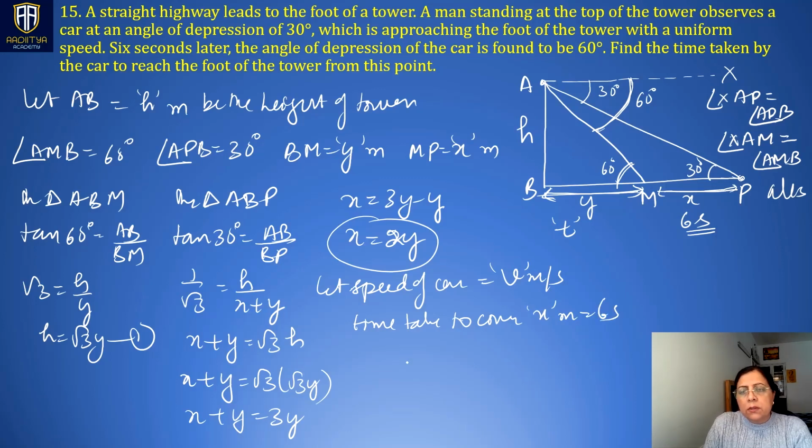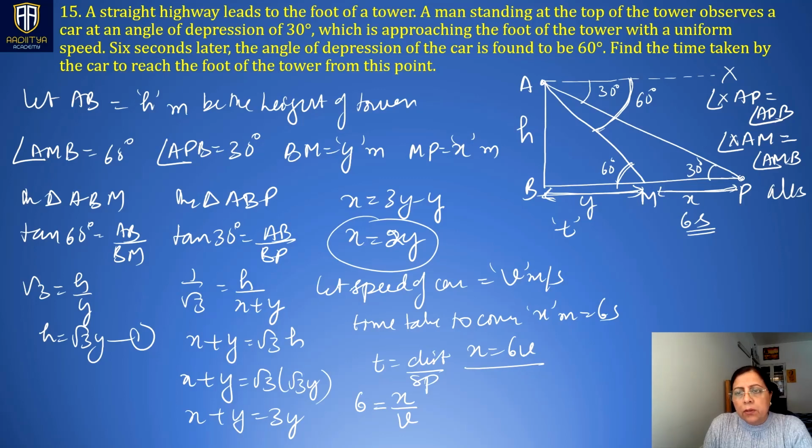How can we do this? What is the time? Time is distance upon speed. So time is 6, distance is x, speed we have taken as v. So we can write x is equal to 6 times v. Right? x is equal to 6v.